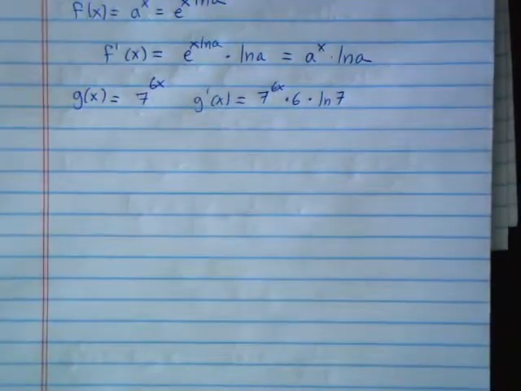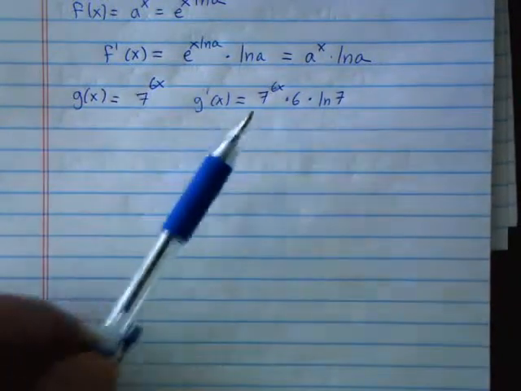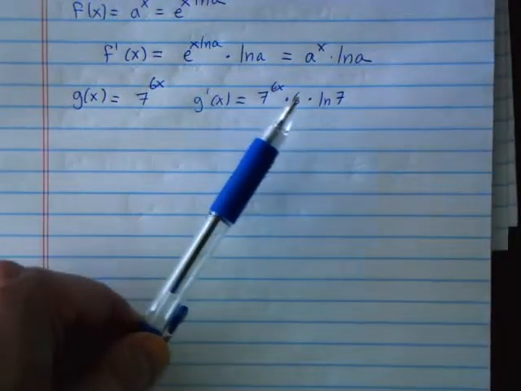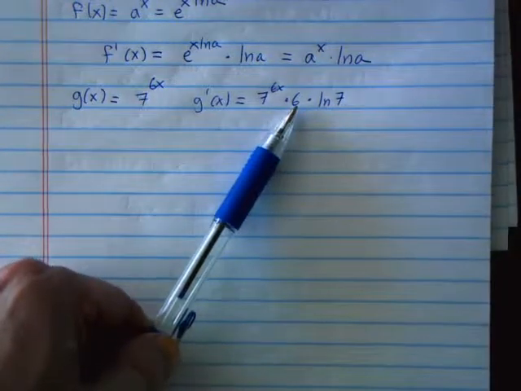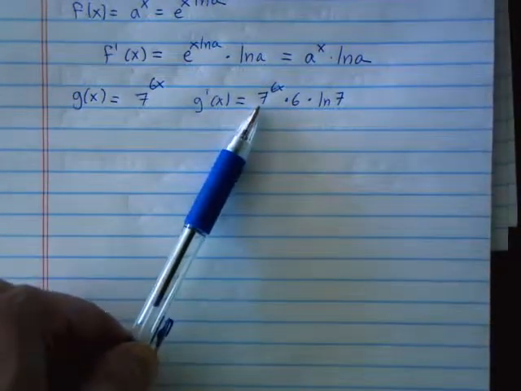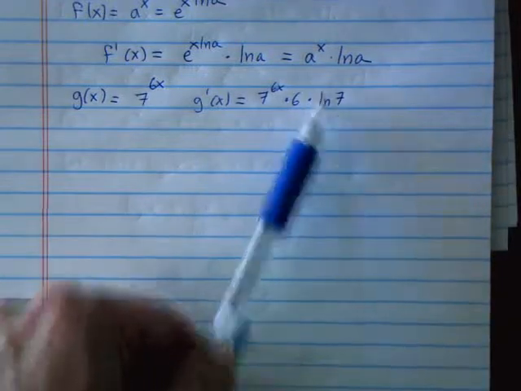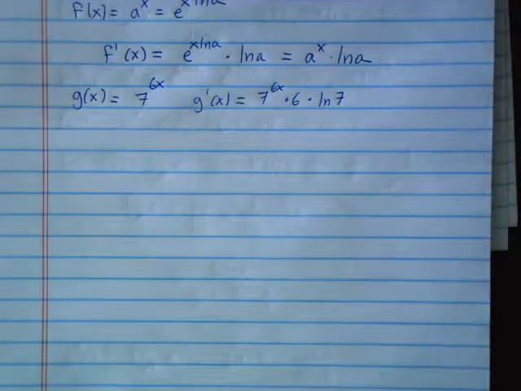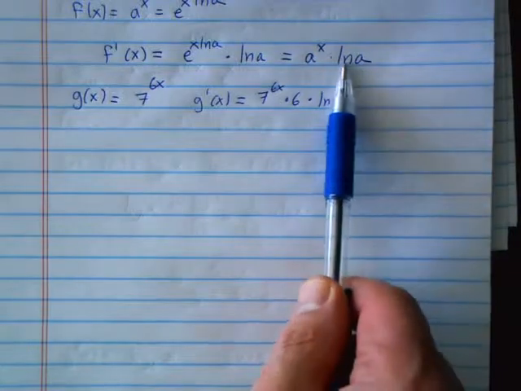Correct. The 7 to the 6x stays alone, you take the derivative of the power, that's 6, but then you need this little ln 7 because your base is not e. Anytime your base is not e, you multiply by ln of your base every time.